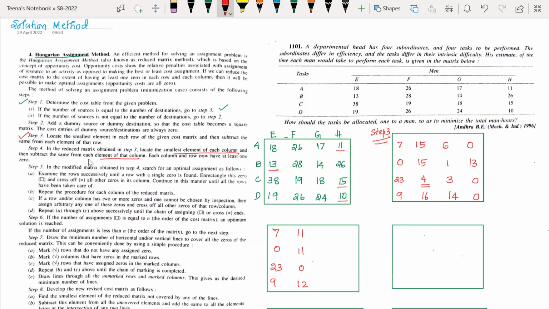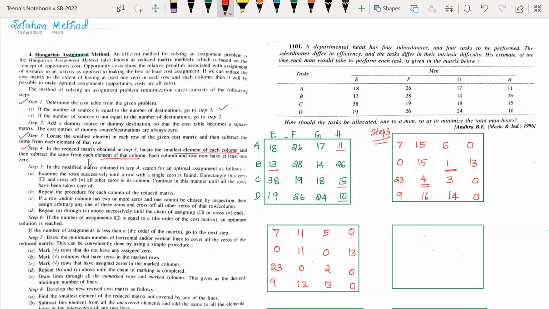Then for the third column, 1 is the smallest element, so we subtract 1 from every other element. So 5, 0, then 2, then 13. Then for the last column, 0 is the smallest element, so the last column remains the same. So 0, 13, 0, 0. So now we have completed step 4.